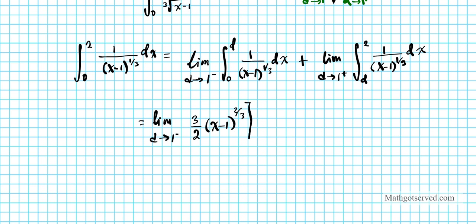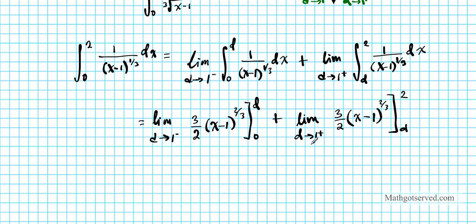Using FTC, we're going to evaluate this from 0 to d, plus the limit as d approaches 1 from the right of the same antiderivative, 3 over 2 x minus 1 to the 2/3, and we're going to evaluate that from d to 2. Okay?